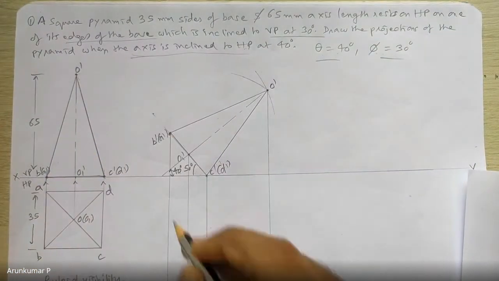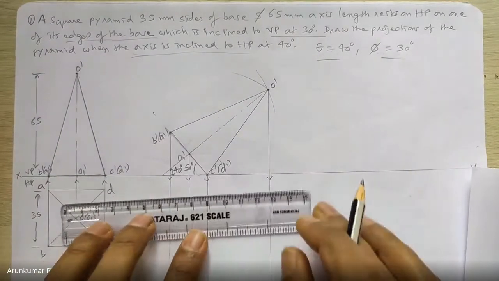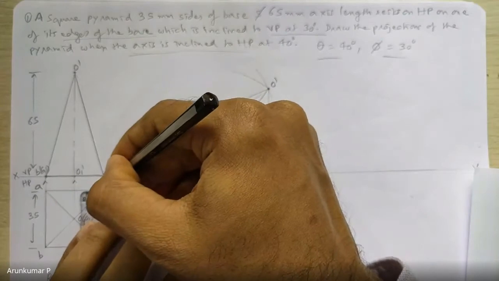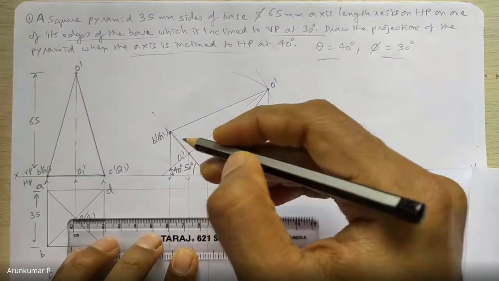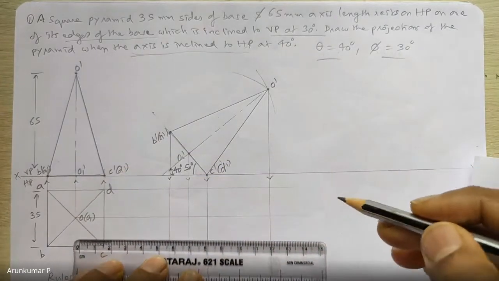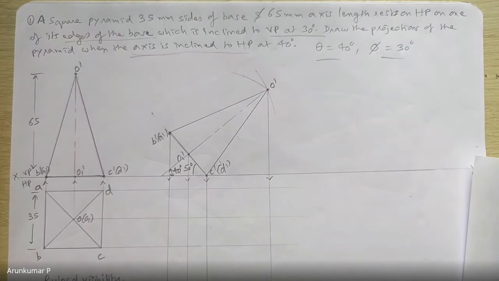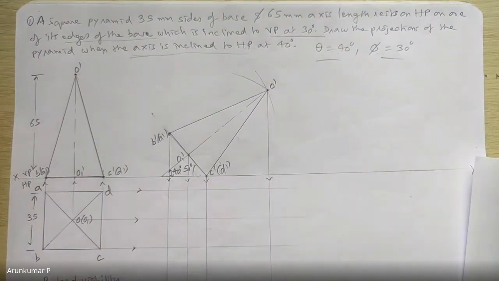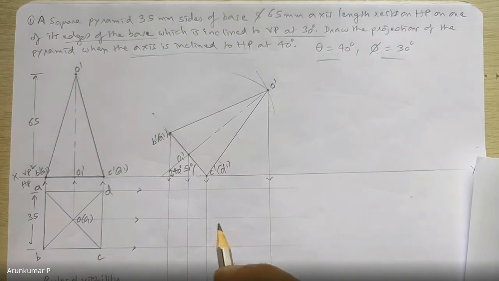So 4 vertical projectors and 3 horizontal projectors: 1, 2, 3. Okay. Now you can locate the intersection points.